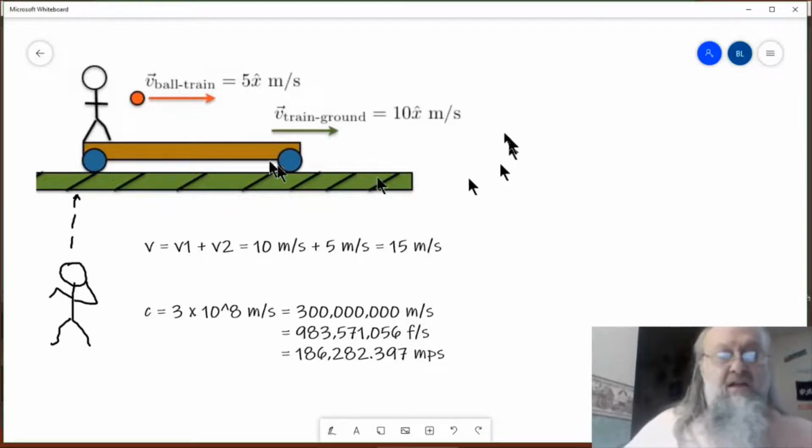So never mind the little X. It's moving at 10 meters per second, and he throws a ball at 5 meters per second. When you're on the ground, you're going to see the ball moving away from him at 5 meters per second, plus the train's moving at 10. So the ball is going to be going 5 plus 10, or 15 meters per second.